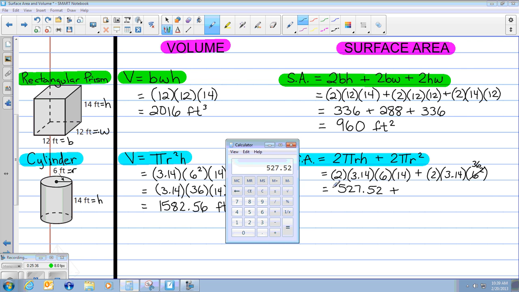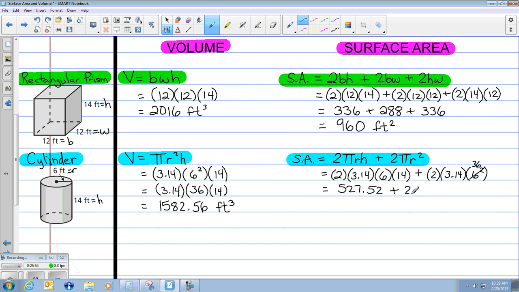Double check that I wrote that down correctly. Yes. Okay, so now we do 2 times 3.14 times 14 times 36. That's 226.08. And then we'll just add them together.